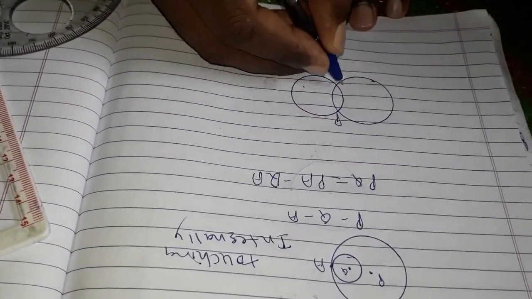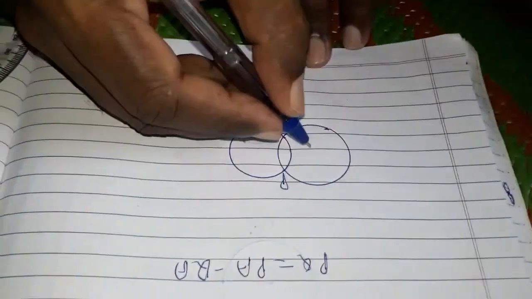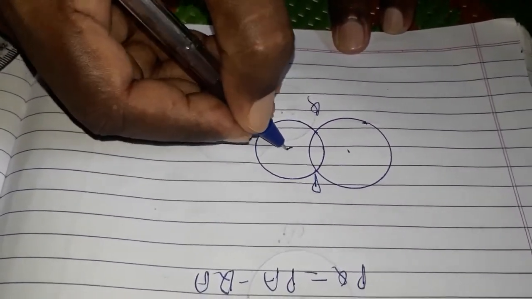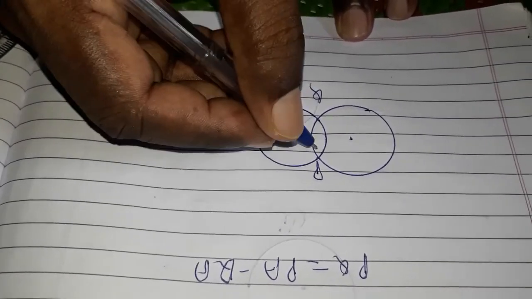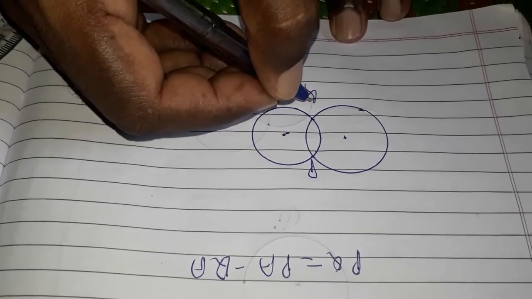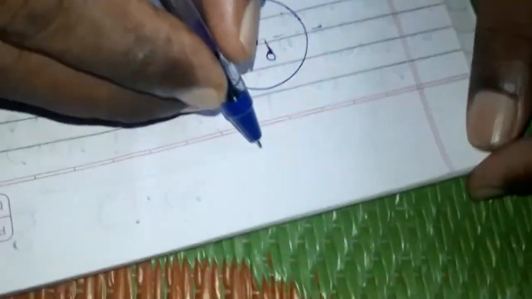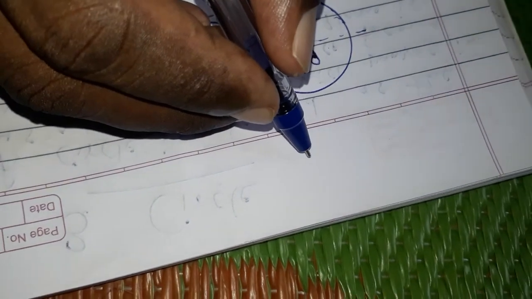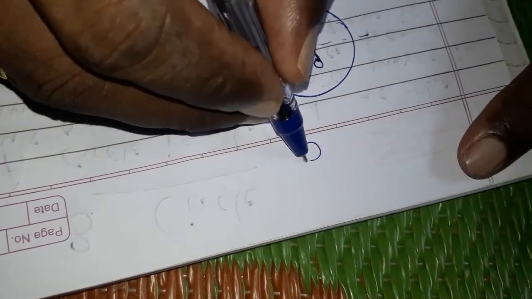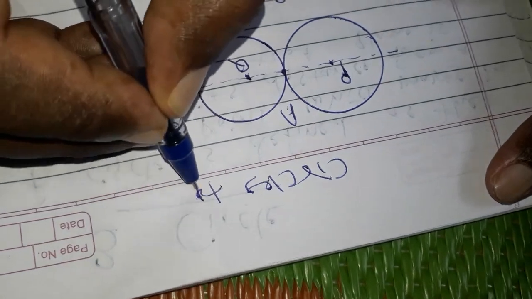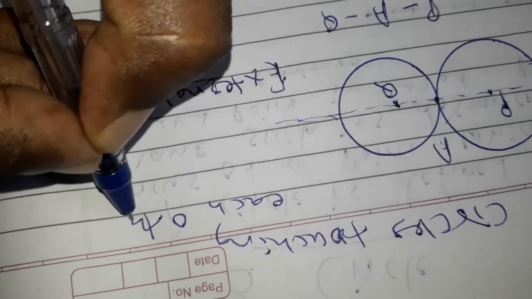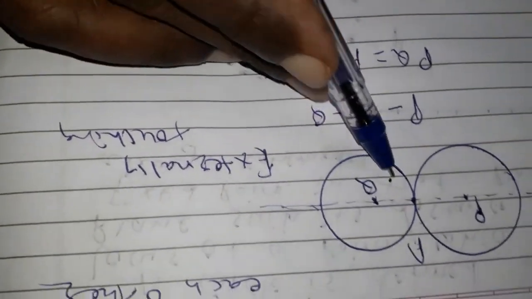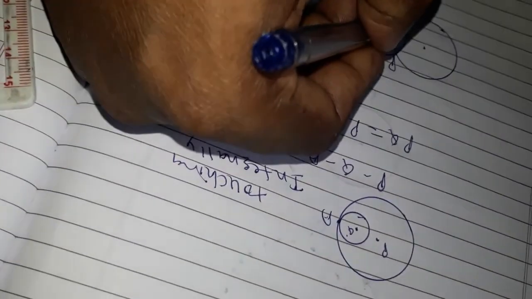Those points are P and Q. This is the center of the larger circle, this is the point Q, and these are the touching points P and Q. So circles can touch each other in different ways: externally, internally, and at two distinct points.